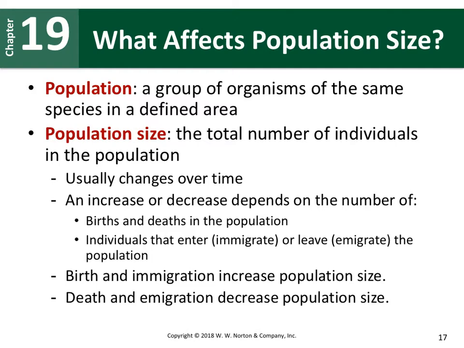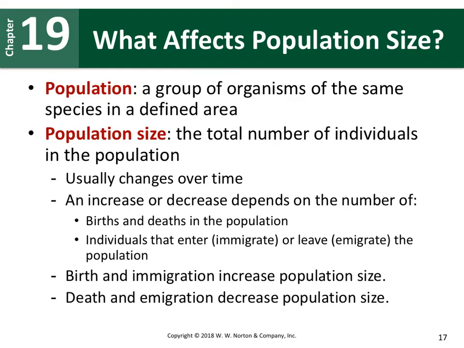We've covered what a population is in evolution, but now we're going to look at how populations change over time. So this is still ecology, it's population biology or population ecology.